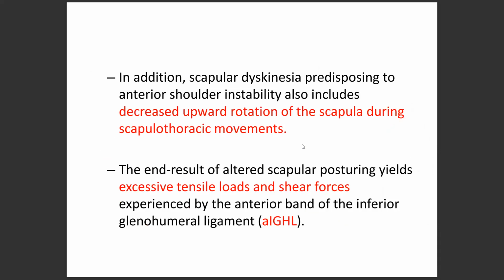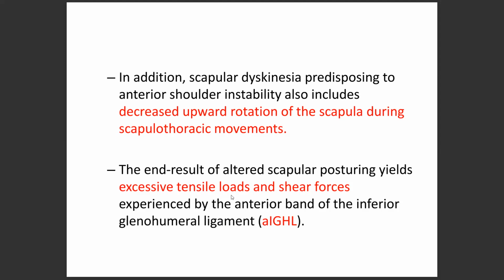In addition, scapular dyskinesia predisposing to anterior shoulder instability also includes decreased upward rotation of the scapula during the scapulothoracic movements. The end result of altered scapular position is excessive tensile load and shear forces experienced by the anterior band of the inferior glenohumeral ligament. It means there will be more demand, pressure, and force on the inferior band of the IGHL, so there is a high chance of rupture of this ligament.